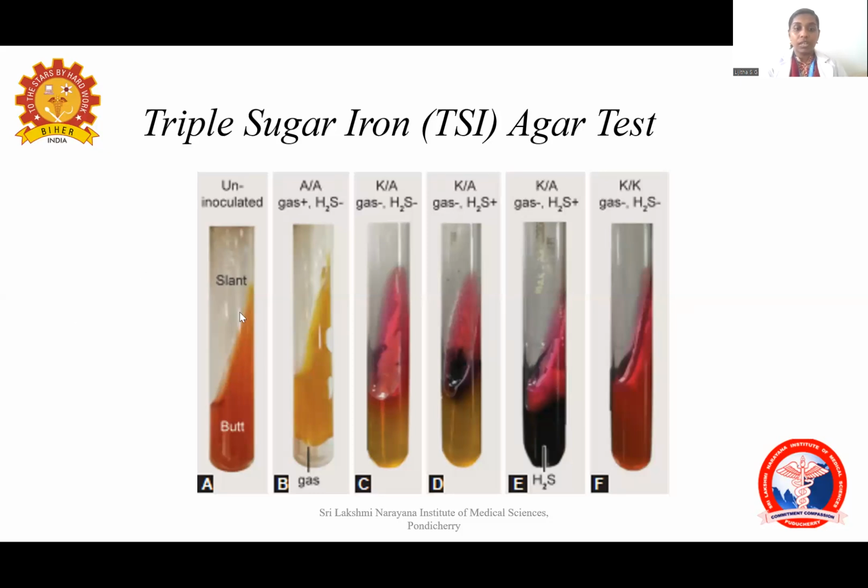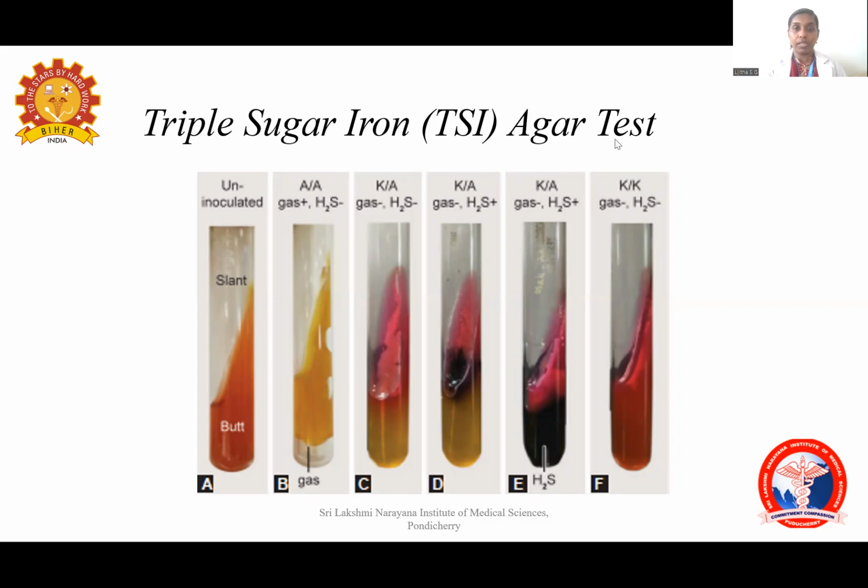Now, why are there different reactions for the triple sugar iron agar test? That is because some organisms can ferment glucose alone. Some organisms will not ferment any sugars at all. Some organisms will ferment glucose, and along with that, they can ferment lactose or sucrose. That is why different reactions are there.